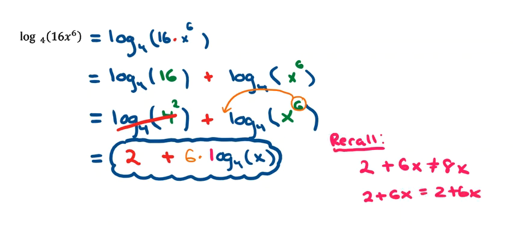Maybe you'd want to factor the 2 out, but you don't have to. We can't add 2 plus 6x to get 8x because 2 and 6x are unlike terms.